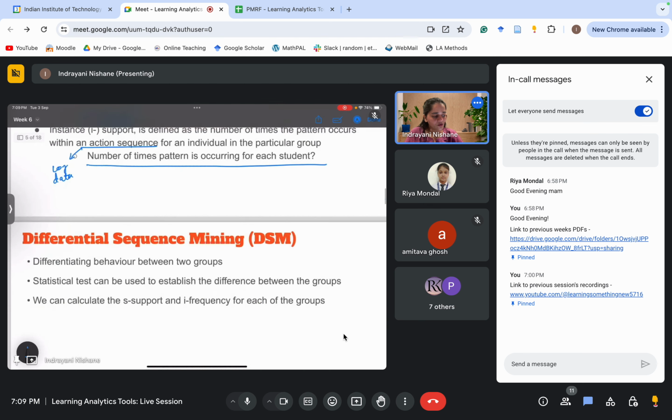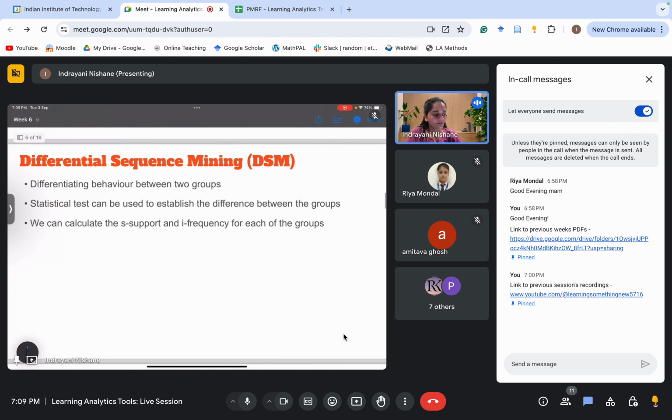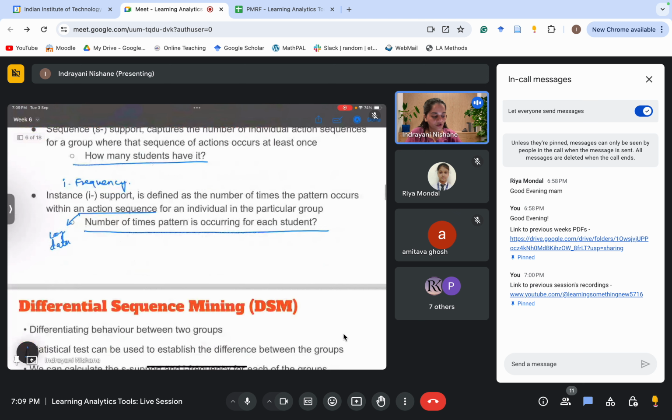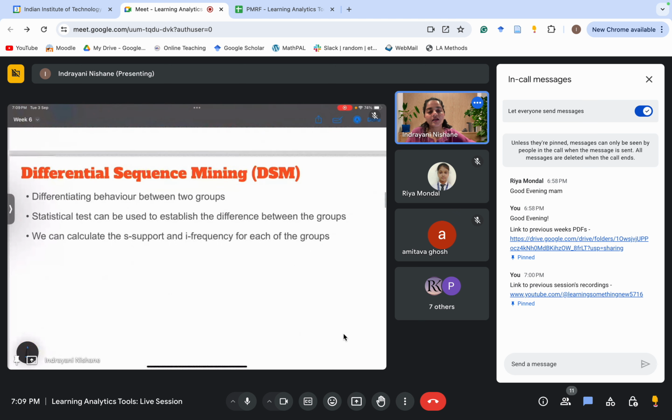So going to DSM, these two metrics, S support and I frequency, will tell us how significantly that particular pattern is occurring. Significantly as in how frequently, what is the significance of that particular action or action sequence within the log data. These numbers give us insight about that.